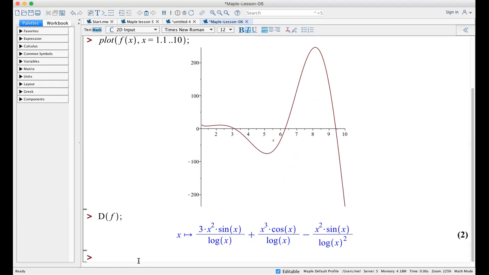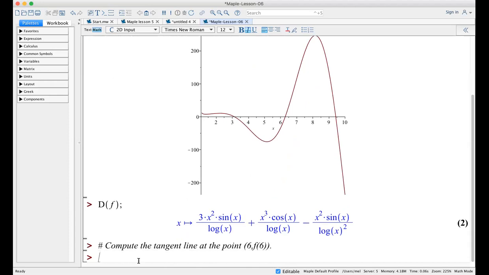Suppose we want to compute the tangent line at the point, I don't know, 6, comma f of 6. So let me just call this TL for tangent line.